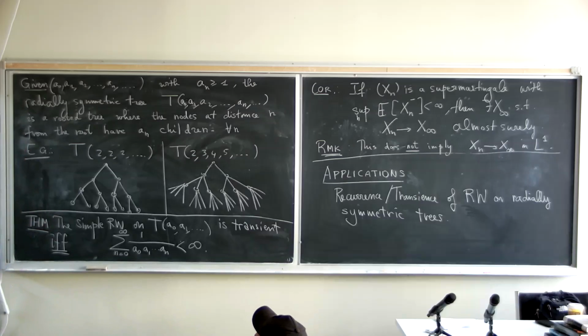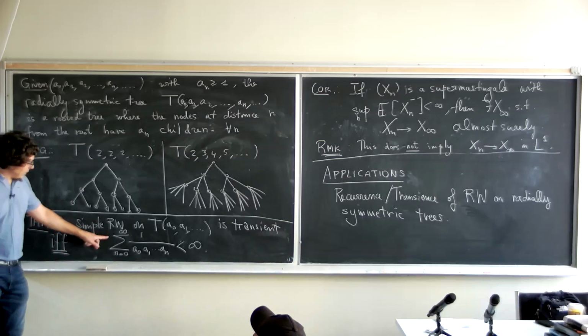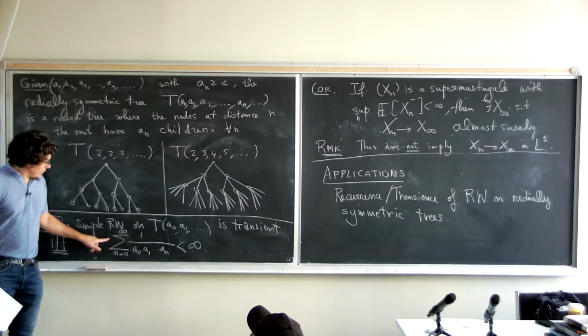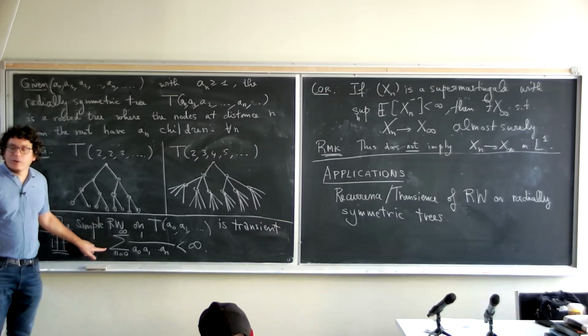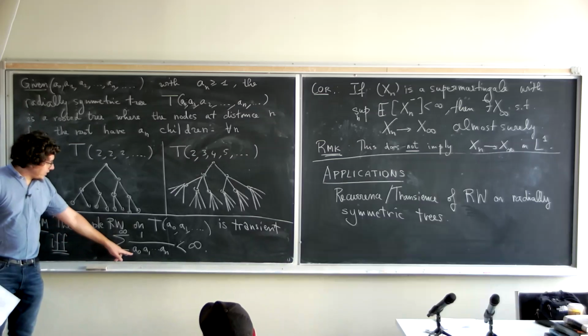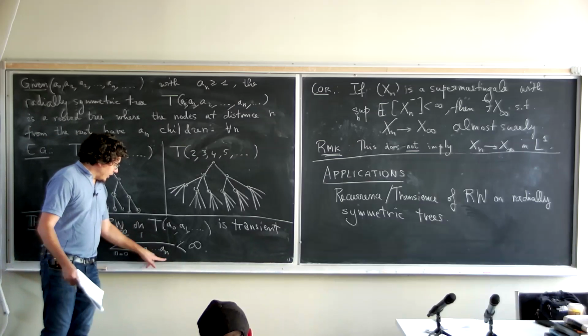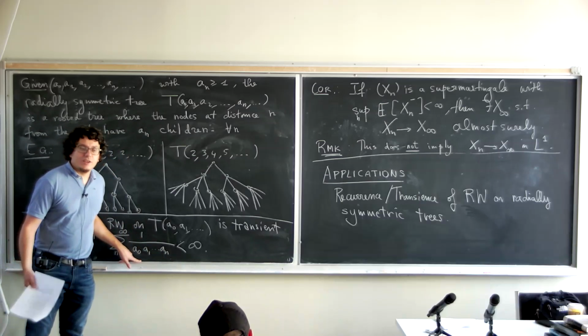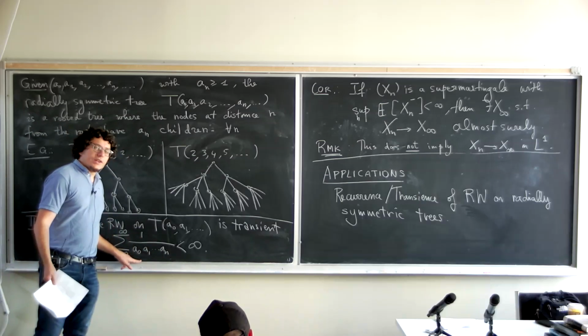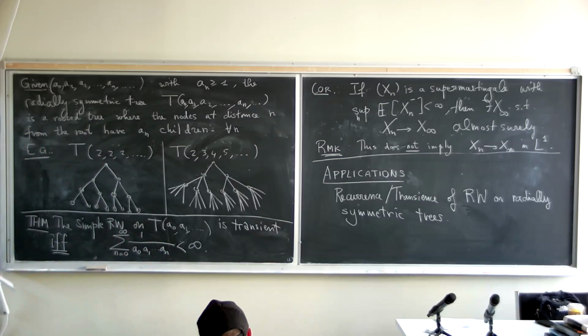In fact, as a corollary of this, it's almost always transient, because what do we need to do in order to make this recurrent? Remember that these Ai are integers, bigger or equal to 1. So we really don't have too many choices to make it recurrent. How do we make it recurrent?